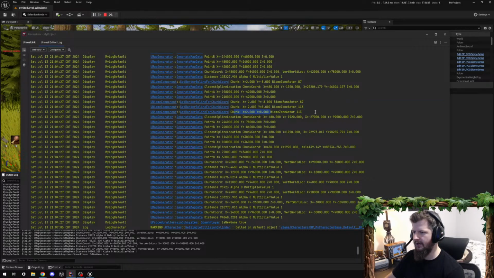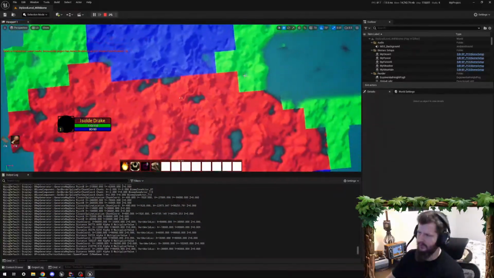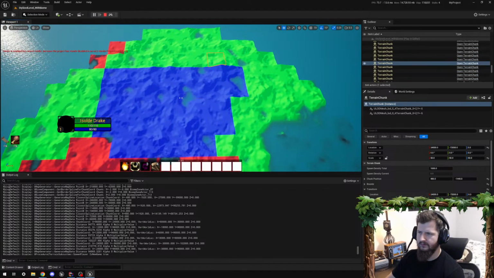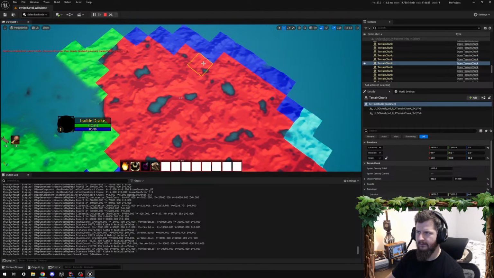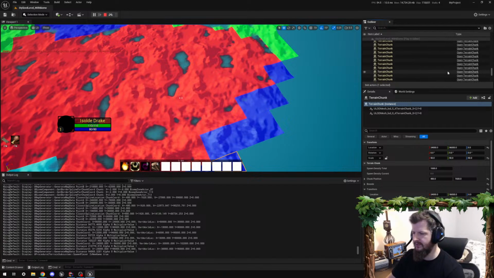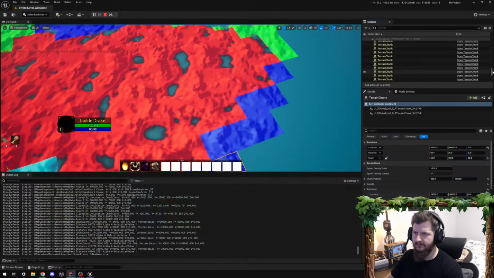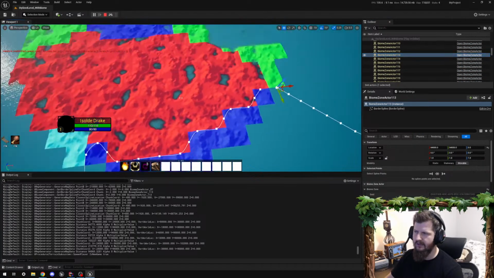Okay, chunk 2, 8 is biome zone actor 113. 2, 8 should be like up here. Oh, that's negative, right? So it should be like down here. Okay, so that's 2, 8, and it said biome zone actor 113, right? Yeah. Okay, so that one was right.